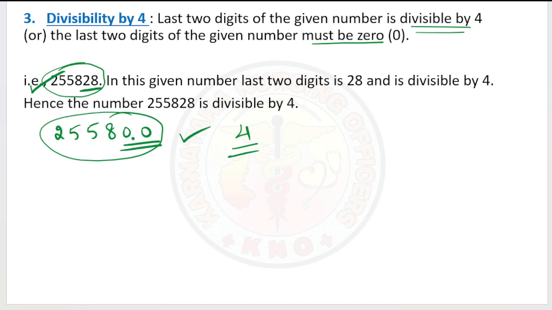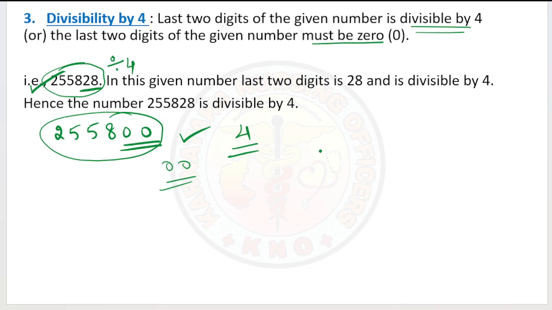Why? Because the last two digits are two zeros, not a single zero. You have to look for two zeros. Then only we can say that the number is divisible by 4. So what is the rule of divisibility by 4? The last two digits must be divisible by 4, or the last two digits of the number must be two zeros. Okay, then we can say that the number is divisible by 4.